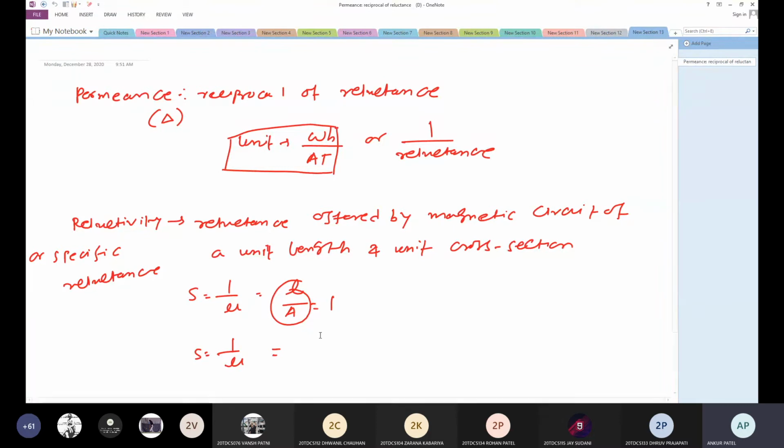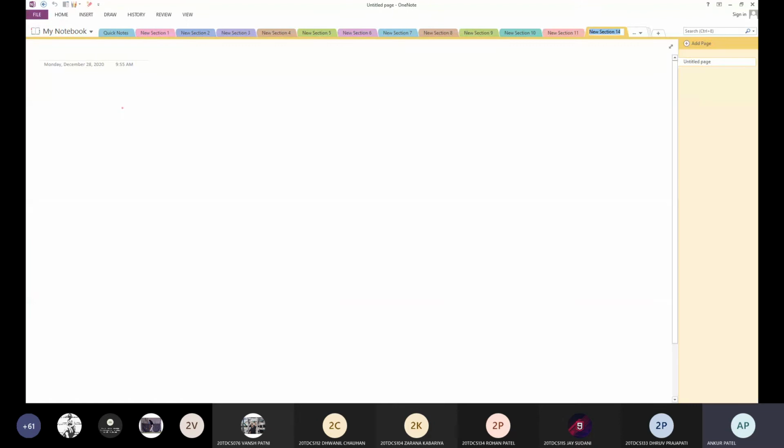Now the relation between B and H, magnetic flux density and magnetic field intensity.